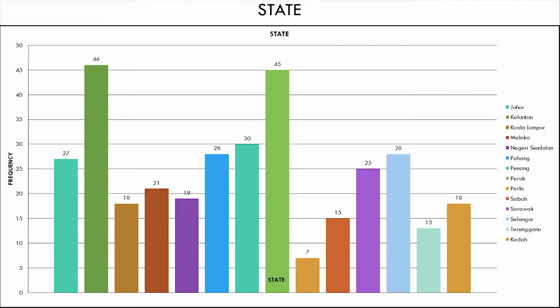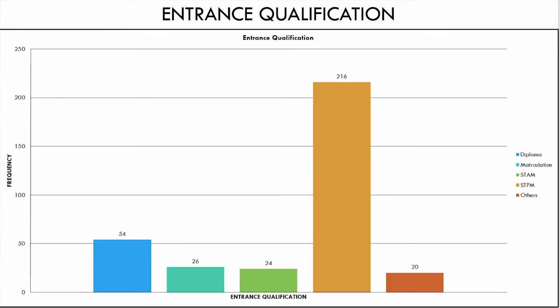For the graph of states of SQS UAM students, the highest is 46, which is Kelantan, and the lowest is 7, which is Perlis. For the entrance qualification, the highest is STPM students, which is 216, and the lowest is others, 20.